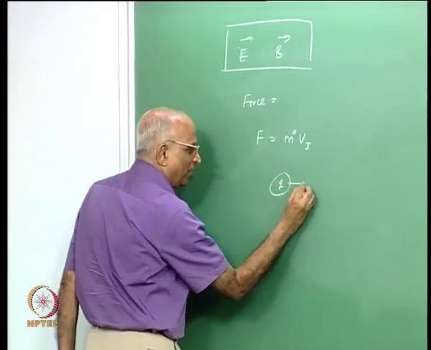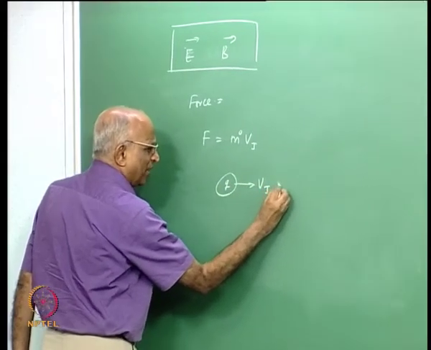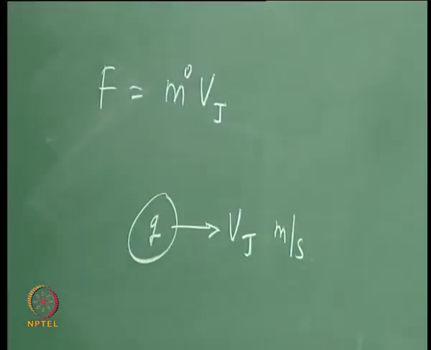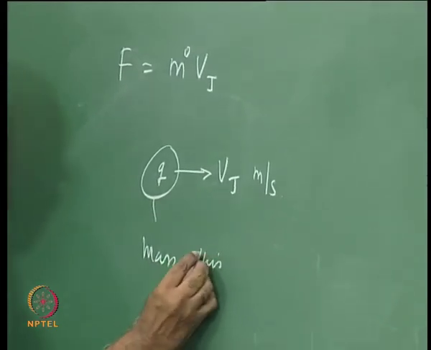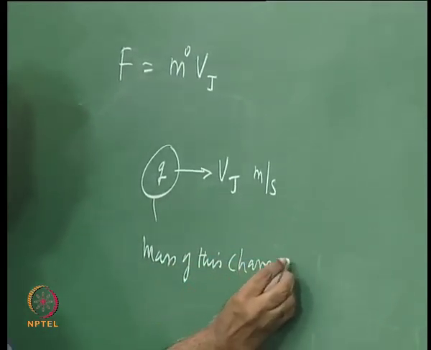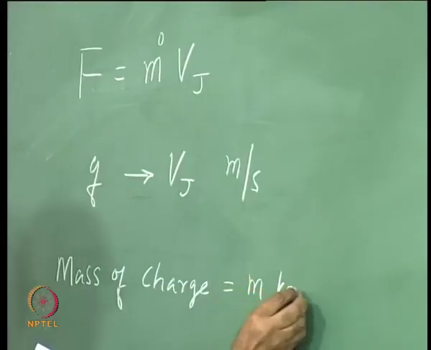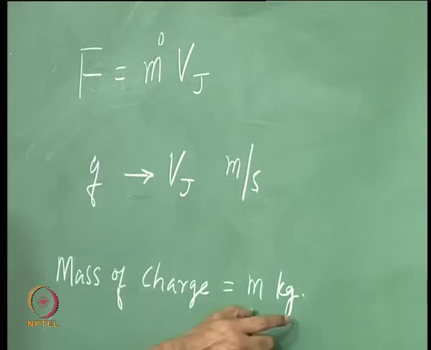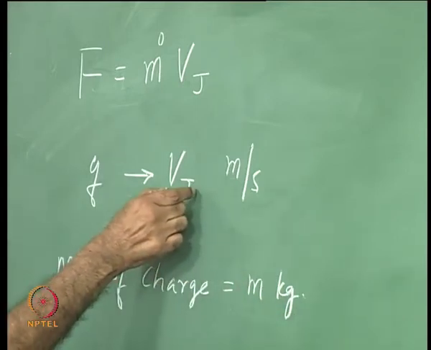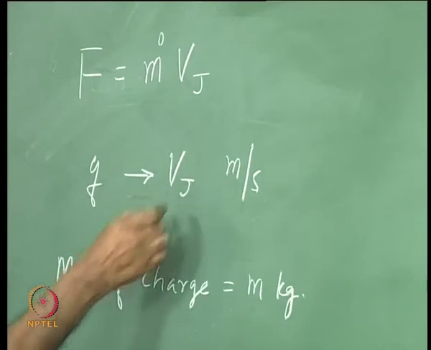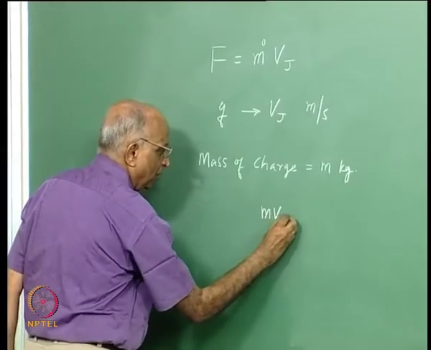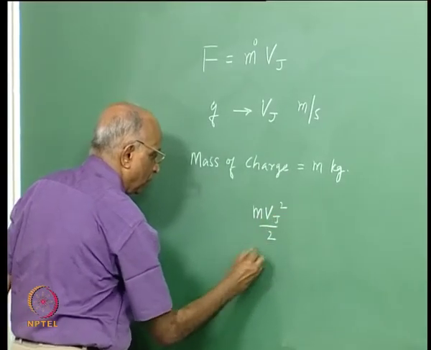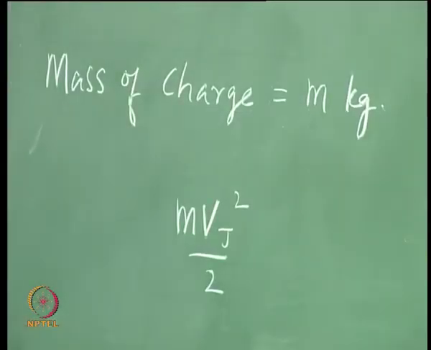If I can move it or accelerate it through Vj meter per second, and if the mass of this charge m kg is to be accelerated to a velocity of Vj meters per second, therefore, the kinetic energy to be given is equal to m into Vj square divided by 2. We can write this value.